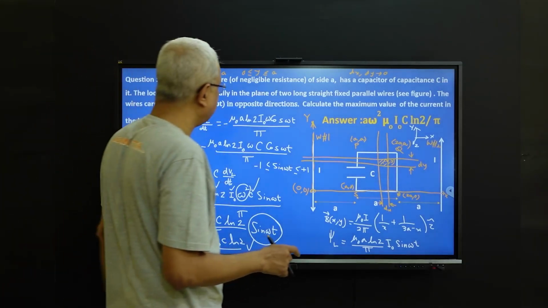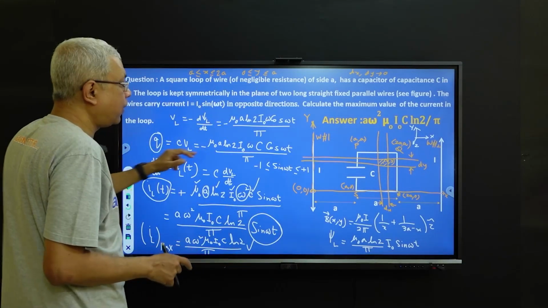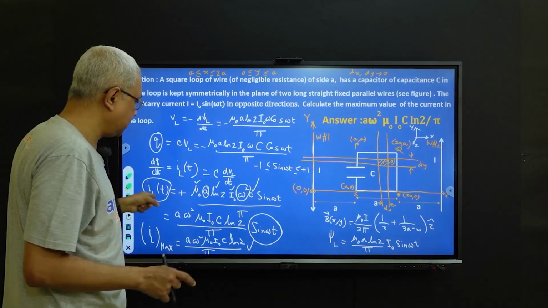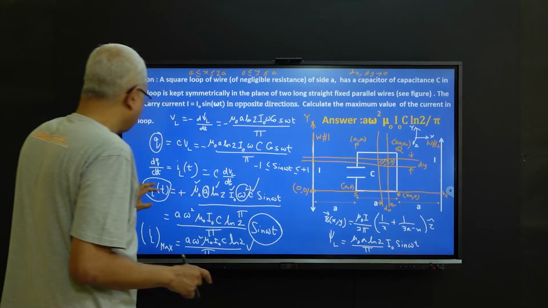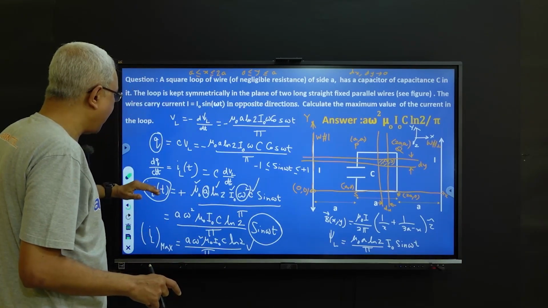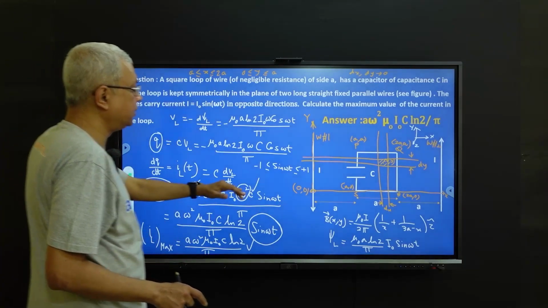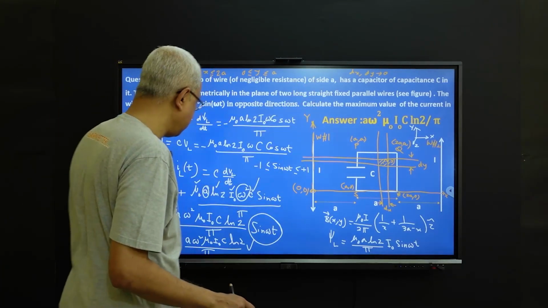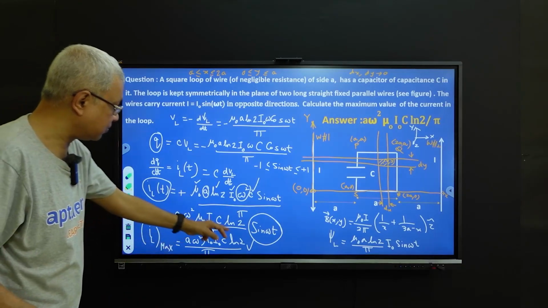Once the expression for charge could be found, we could find the loop current by differentiating Q with respect to t. So this is the loop current, which is a function involving sine omega t. So IL t becomes maximum when sine omega t is maximum. Maximum value of sine omega t is +1. Therefore, IL max is this much.